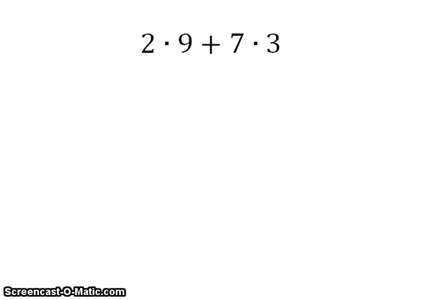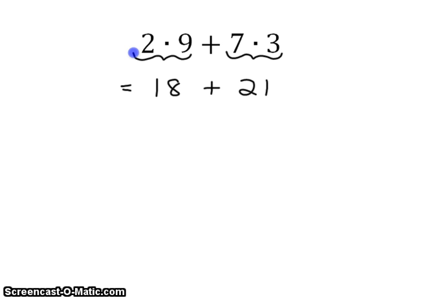Okay, next example, 2 times 9 plus 7 times 3. Notice that plus in the middle, but I have a 2 times 9, so I need to work that out. You can also work out the 7 times 3. You can do these separately. Alright, but do not do the 9 plus 7 in the middle first. So 2 times 9 is 18. Bring down the operation that I'm not using, the plus. 7 times 3 is 21.